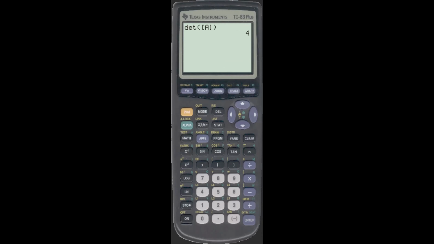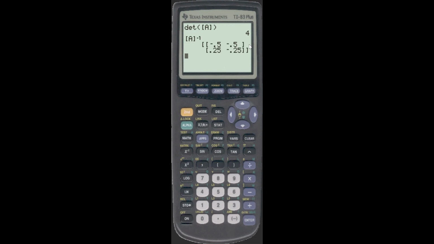Gotcha. Now the inverse of a matrix is done by first grabbing the matrix again, and then this button right here, this -1, that'll give you the inverse of it right there.